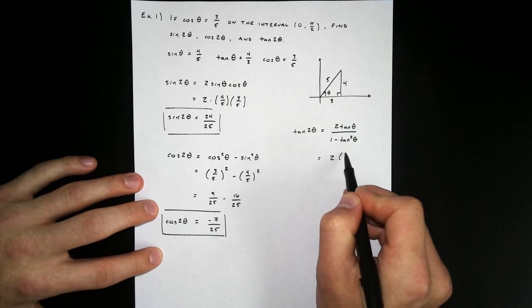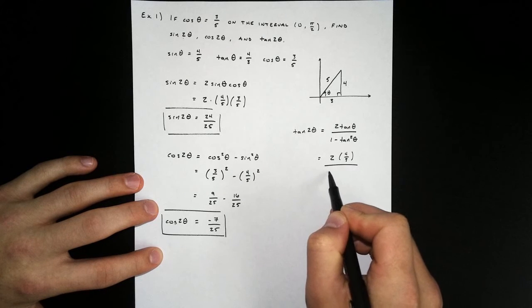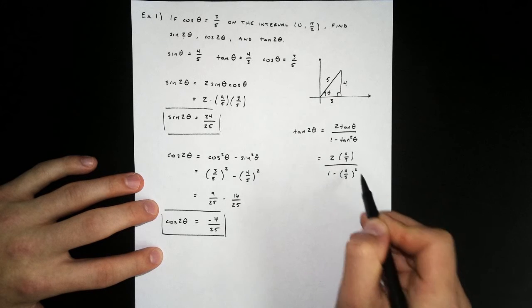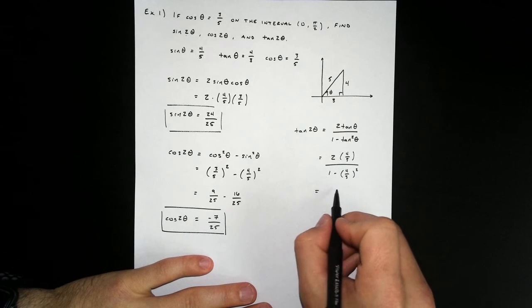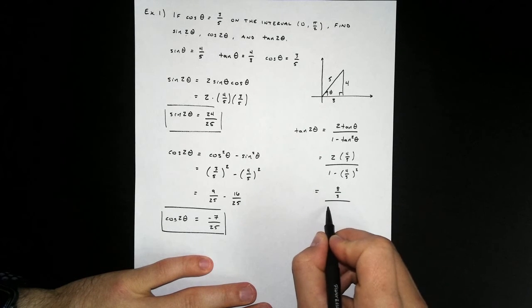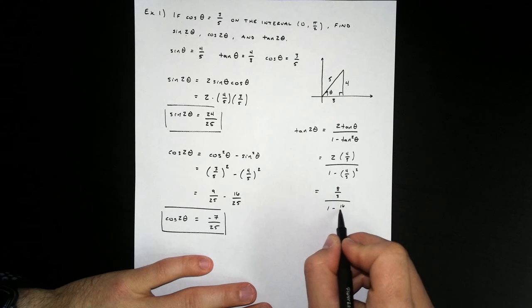So 2 times 4/3, then 1 minus 4/3 squared. In the numerator, that's going to simplify to 8/3. In the denominator, 1 minus, square the top, square the bottom, 16 over 9.